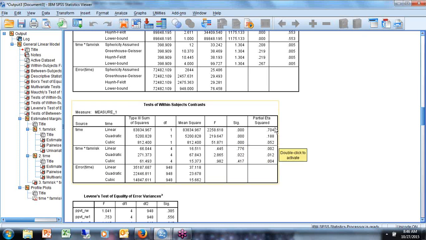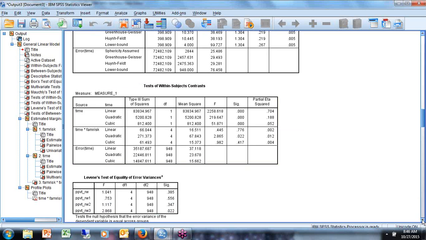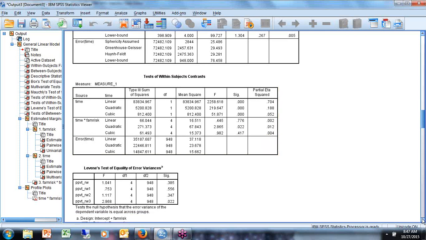We see that the partial eta squared for that cubic effect is fairly small, about 5% of variance, but we see that all of those effects are significant. And again, while we find there to be a significant quadratic effect, we found no overall effect. So it's probably inappropriate for us to interpret or overinterpret this quadratic effect in terms of that interaction.